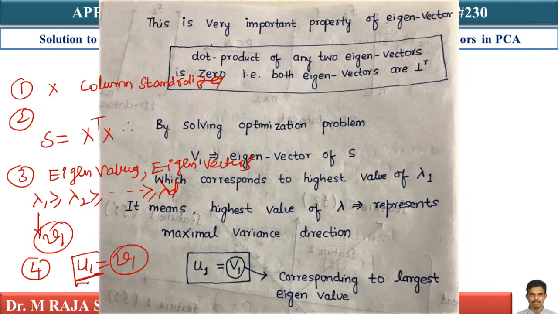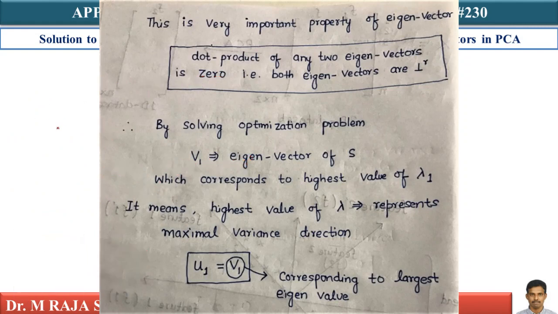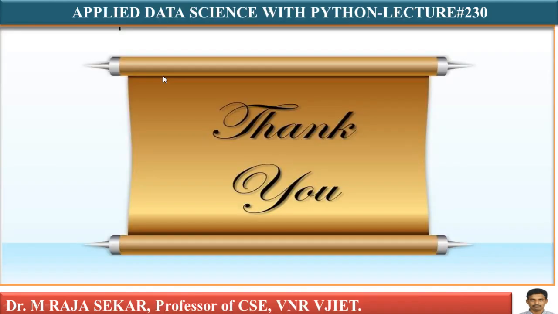What you have to find in the optimization problem is U1, which is essentially V1. I will discuss the geometrical interpretation of eigenvalues and eigenvectors in my next lecture, lecture number 231. Thank you very much.